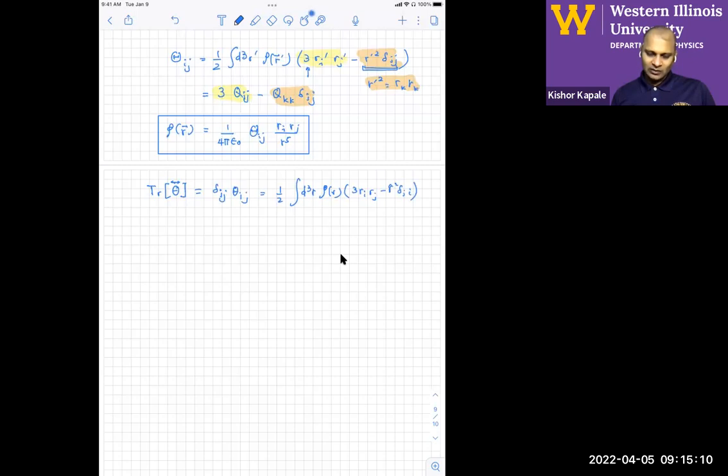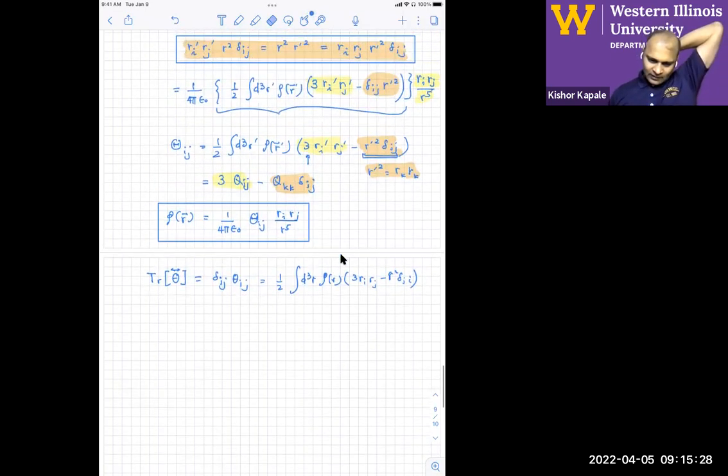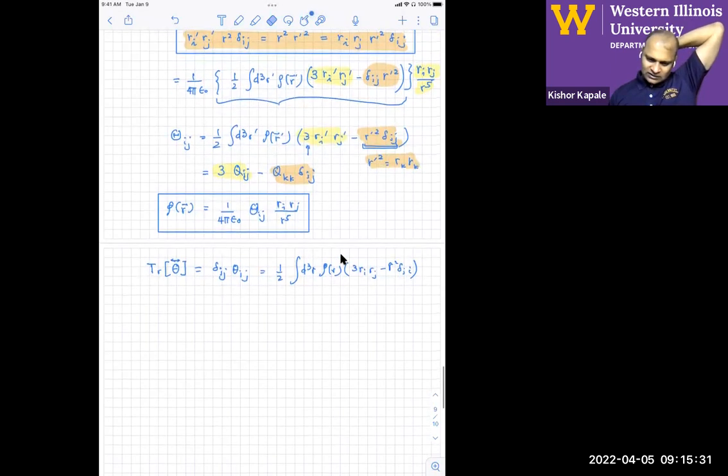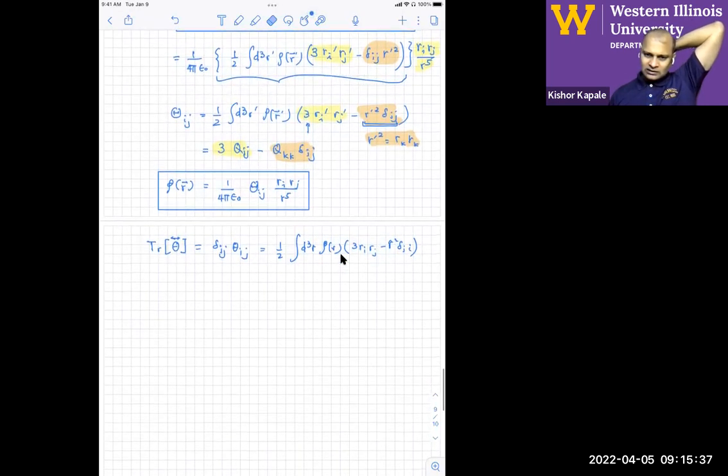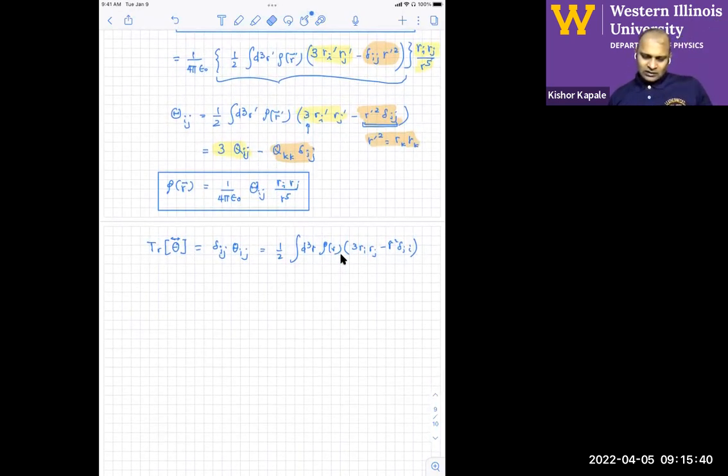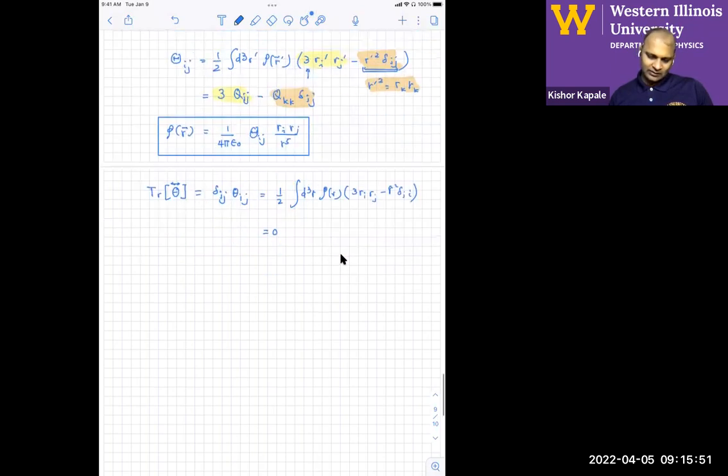That's the Θij, and multiplying it by δij is what gave us... okay, let's not go into the mathematics of this in the interest of time. We will revisit this again in the next class just to illustrate what's happening.